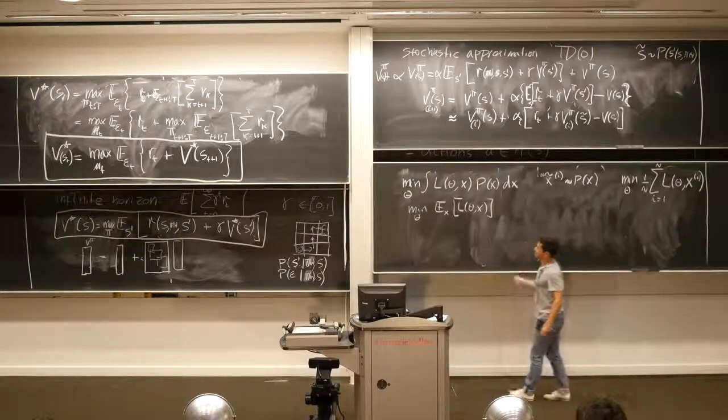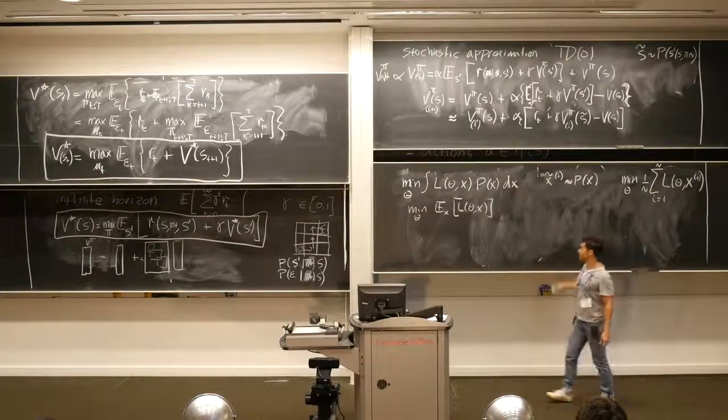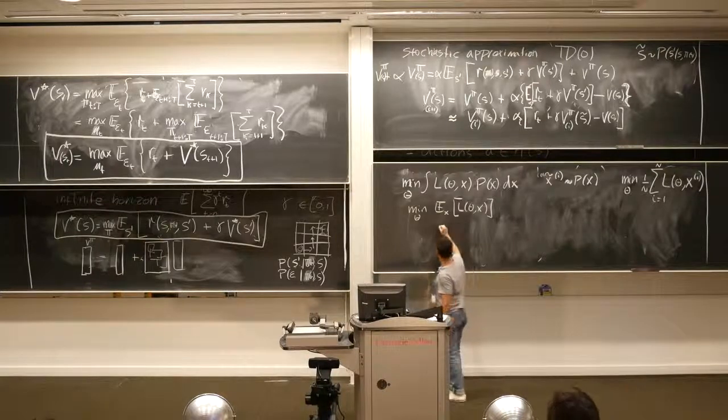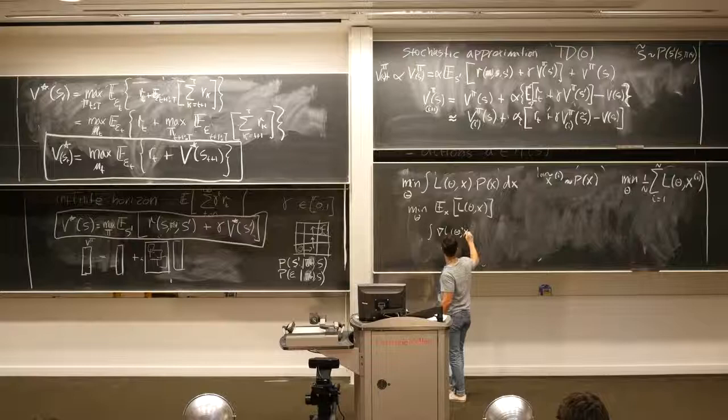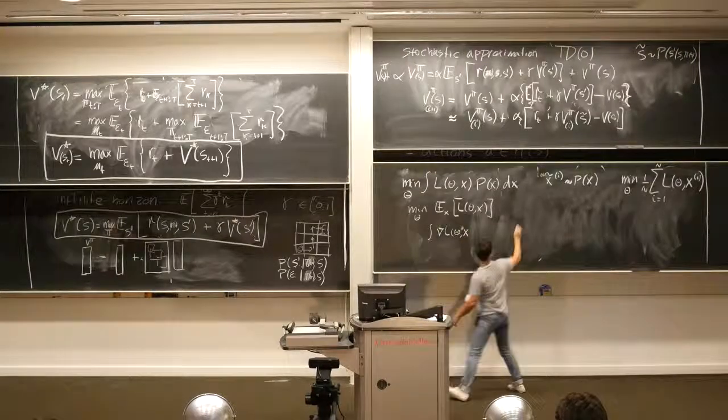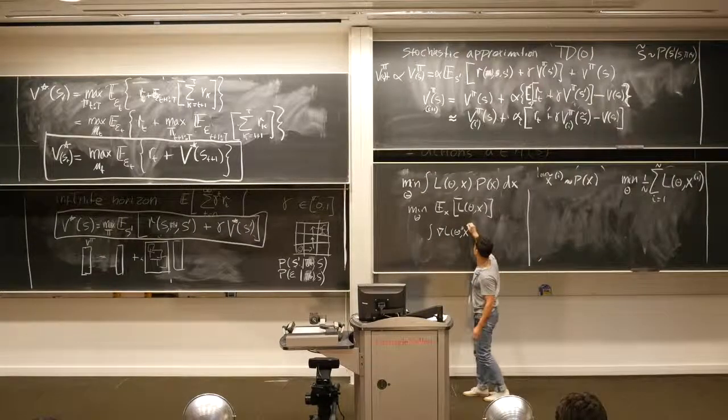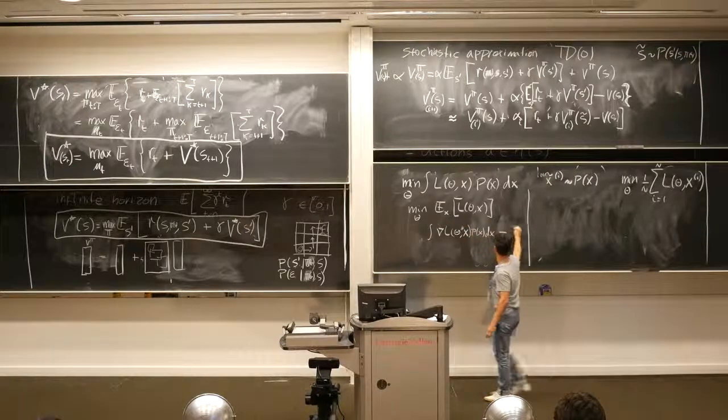What I'm going to do is assume some regularity conditions, and I'm going to argue that the fixed point for this is the integral of grad loss of theta comma x, p of x dx, equal to 0.